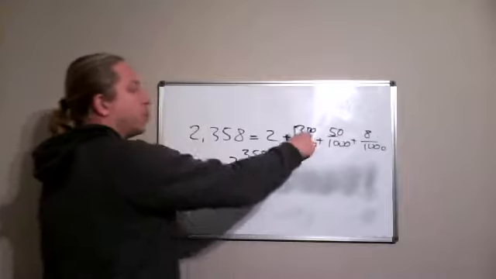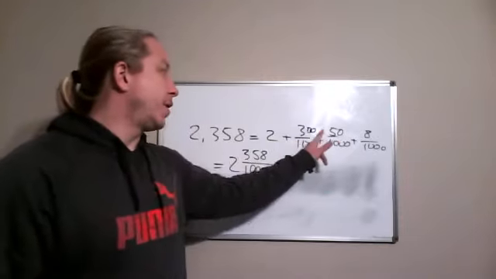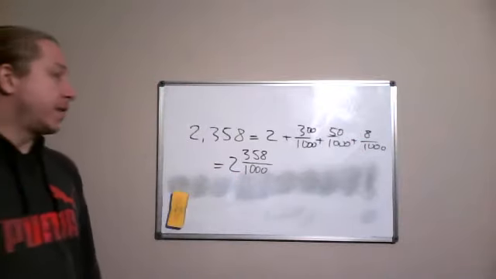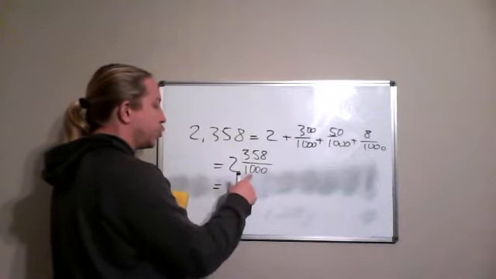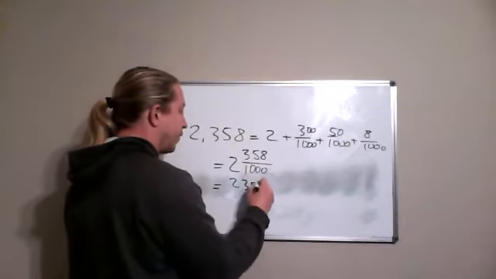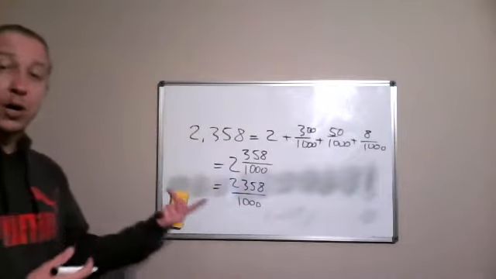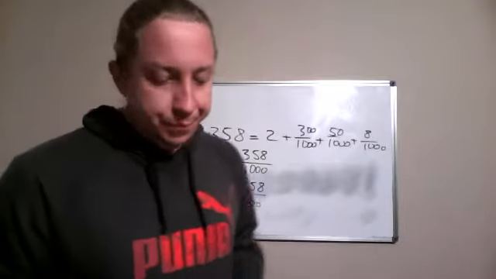What we do to the bottom, we do to the top. So now we can add all of these together, 358 over 1,000. There it is. And then I can change this to an improper fraction by saying 2 times 1,000 is 2,358 over 1,000. Okay, guys, so you can go from here to there or backwards.